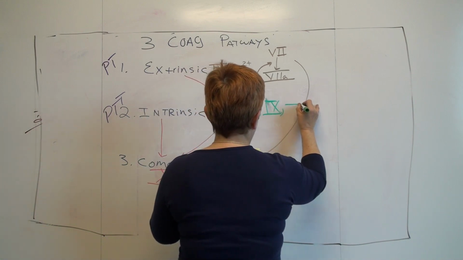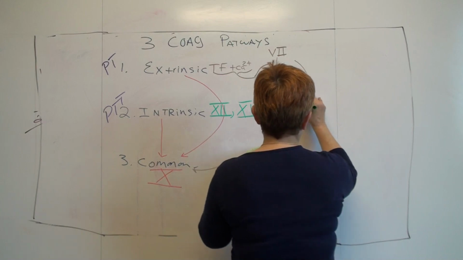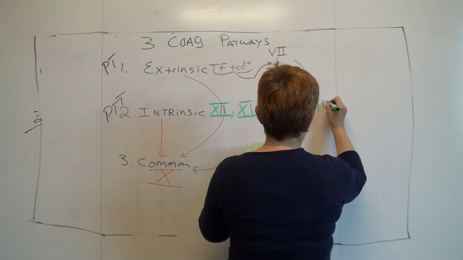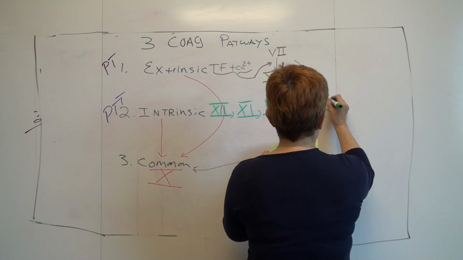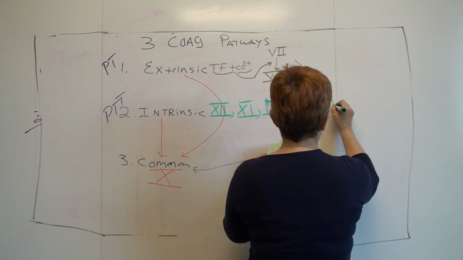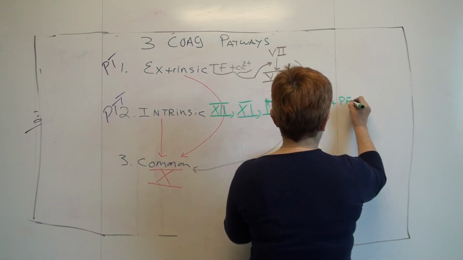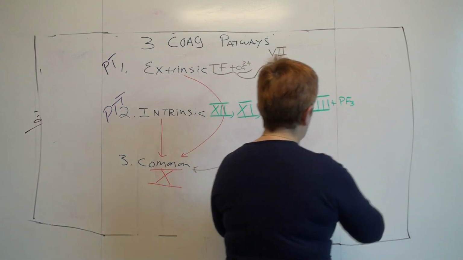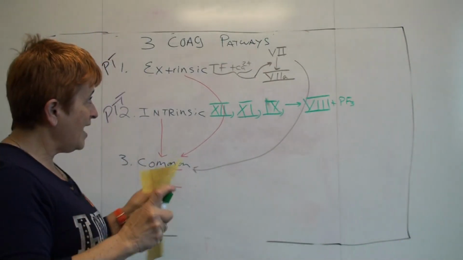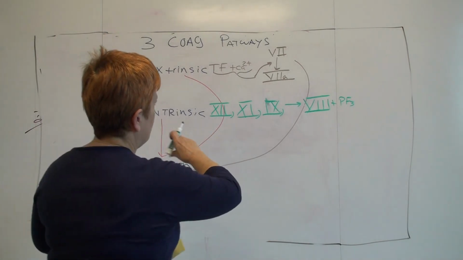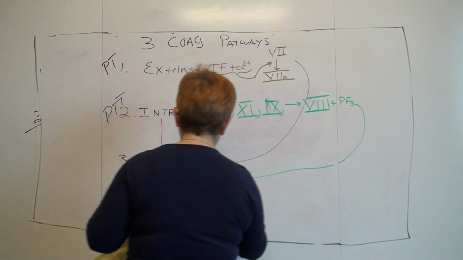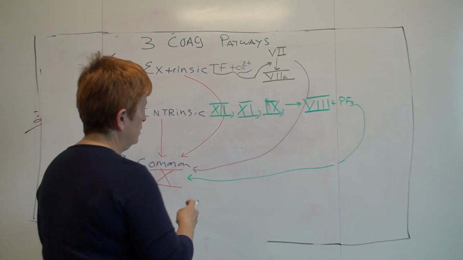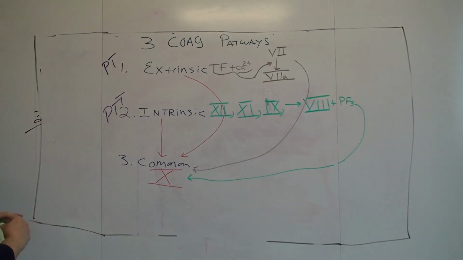And then all of that is going to lead to factor 8 stimulation, plus platelet factor number 3. And then all of that leads down to my common, which begins with factor 10.